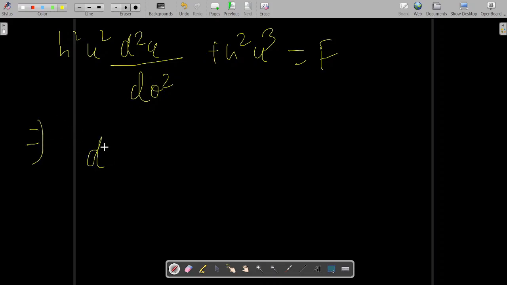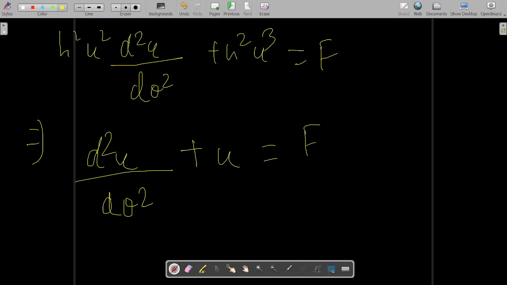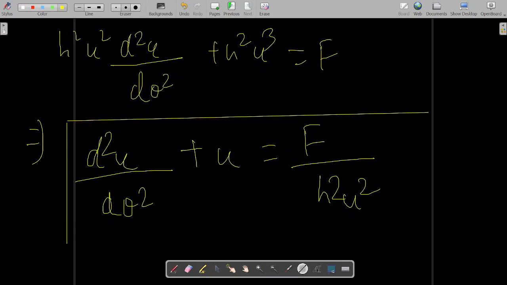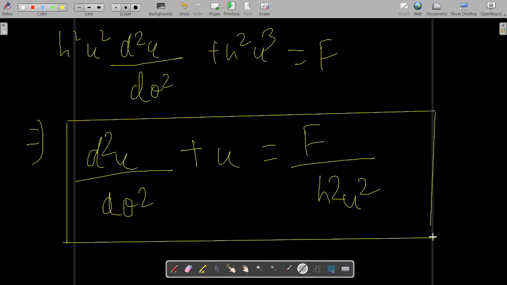So after you divide, you get d2u by d theta 2 plus u is equal to f divided by h square u square. Okay, which is the required differential equation of central orbit. This result you have to remember. This is your result which you got.